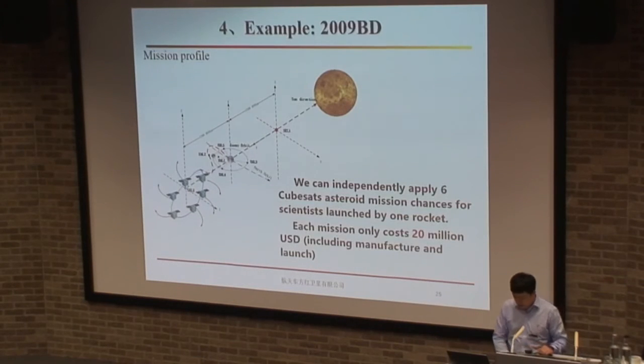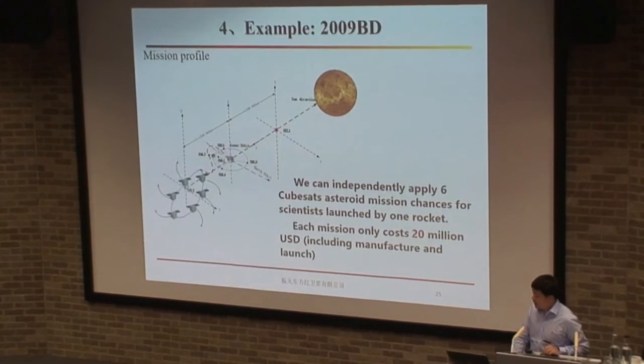According to the above description, we make a mission profile. Firstly, we fly to EML2, and second, we fly to the SEL2, and then we can fly to a multi-asteroid.